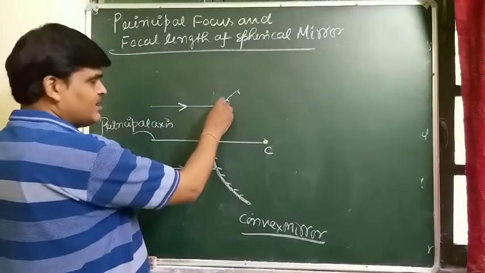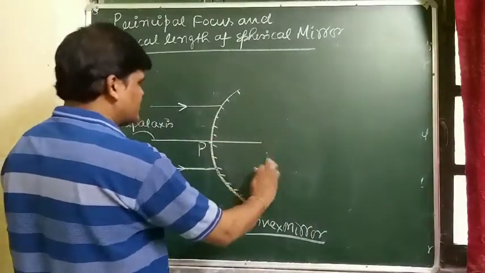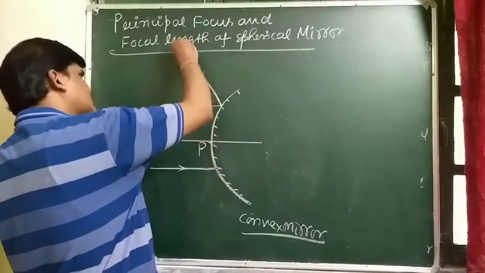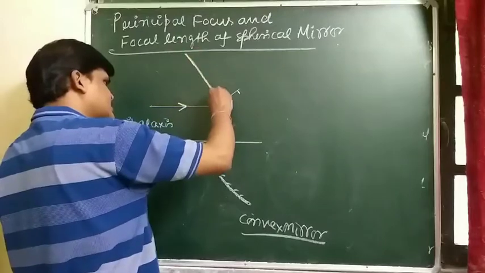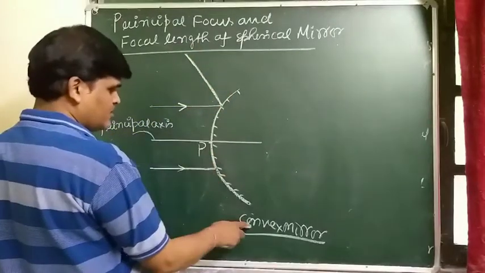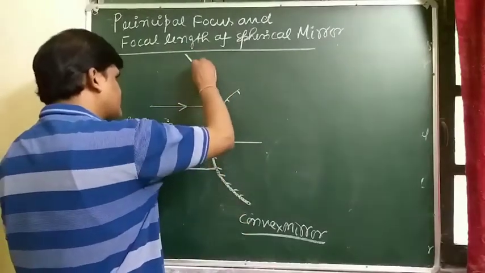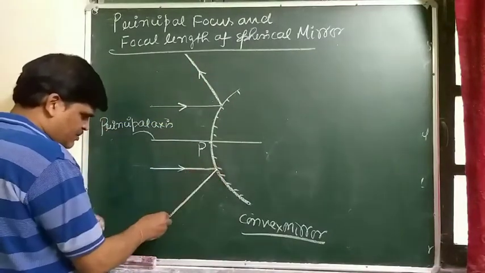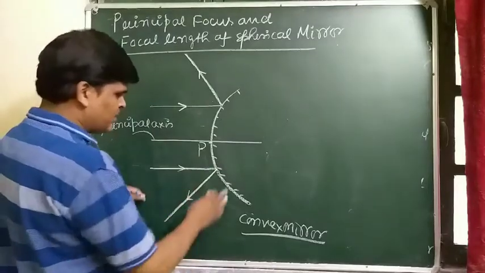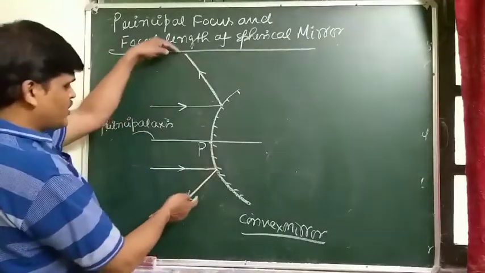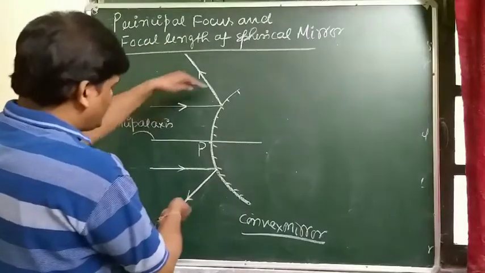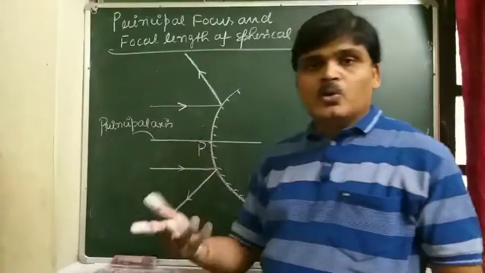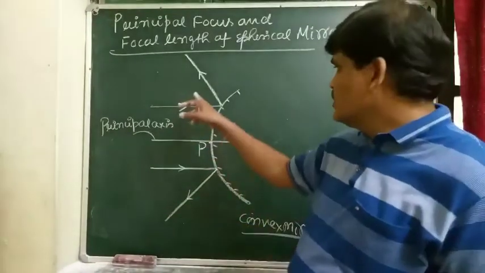But in this case, reflection takes place from the outer surface. So the ray of light incident on the convex mirror is reflected from the outer surface, and the same process takes place for the second ray. These two rays of light, after reflection, do not actually meet at any point, so no real image is formed.